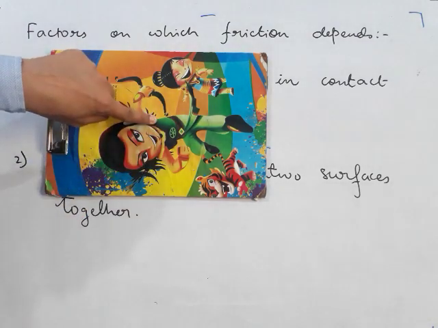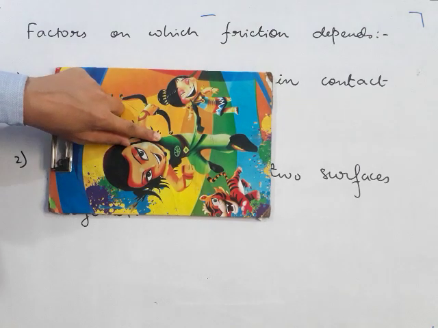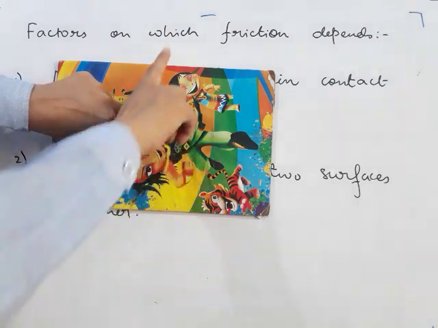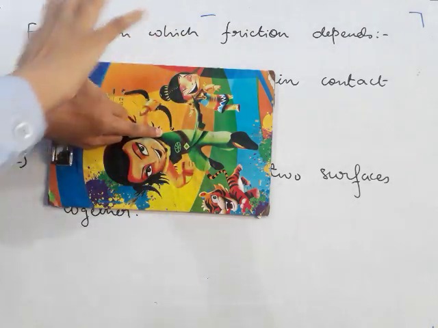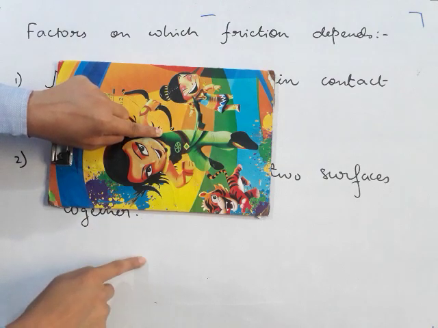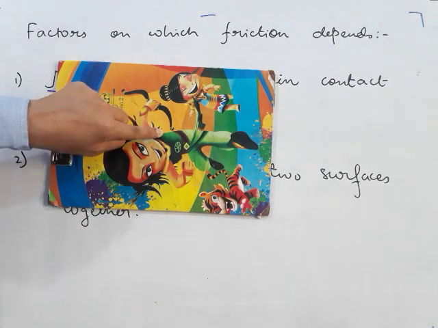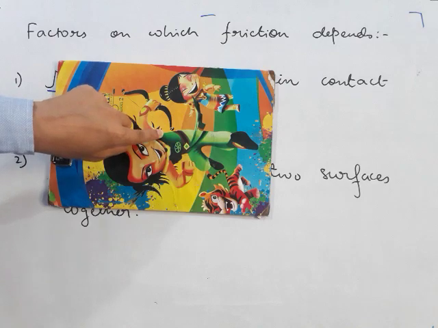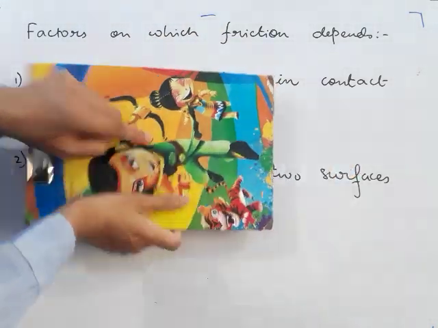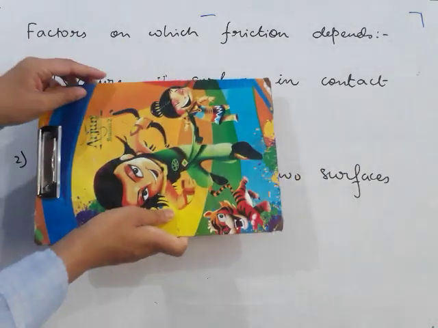Understand the physics behind this, students. Gravity is pulling it down, and who is pulling it upward? The net force is balanced because it is at rest. If gravity is in downward direction, there must be a force in upward direction. Do you know what is that force? That force is the frictional force between this board and this surface.